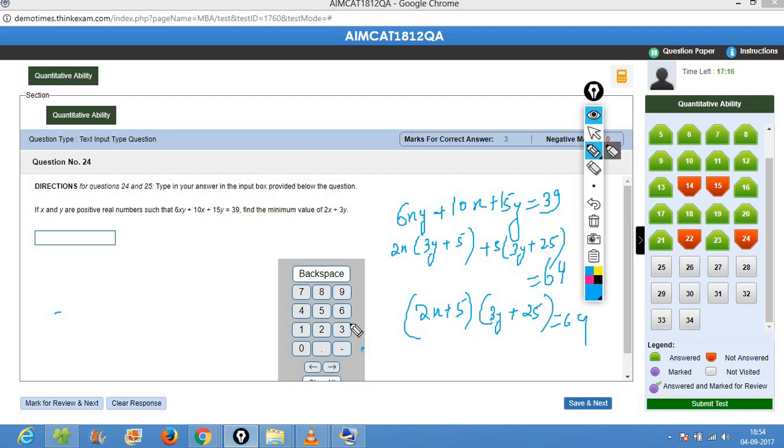So let's use the concept. 2x plus 5 is equal to 3y plus 5, sorry, this is 5, is equal to 8 into 8, 64, no? 8. So 2x comes out to be 3 and 3y comes out to be 8 minus 5, 3. So 3 plus 3, 6.